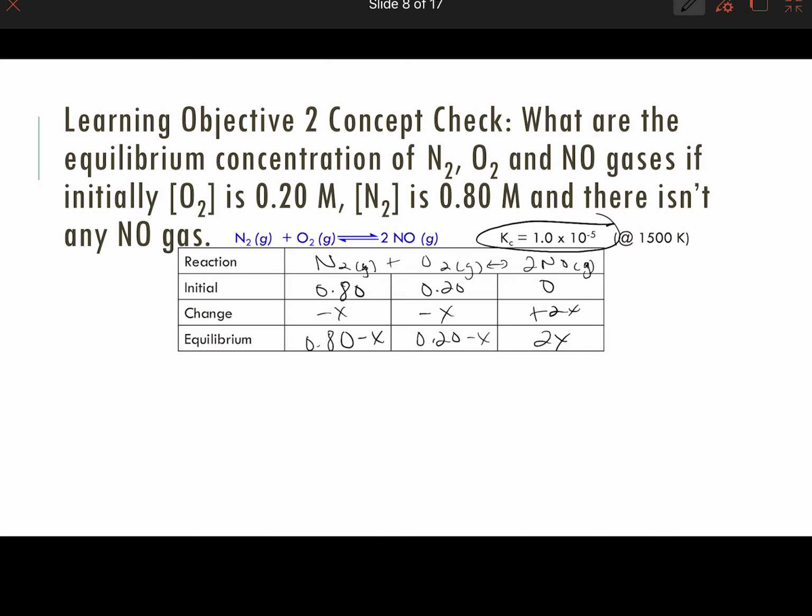And then our Kc expression for this is NO squared divided by N2 times O2. So we'll put in our Kc expression: 1.0 times 10 to the negative 5 is equal to 2x squared divided by 0.80 minus x times 0.20 minus x.